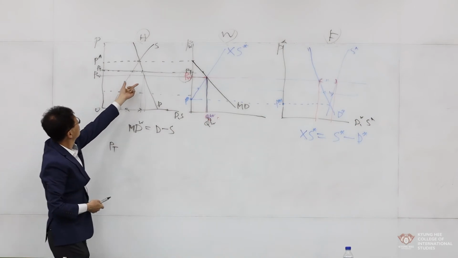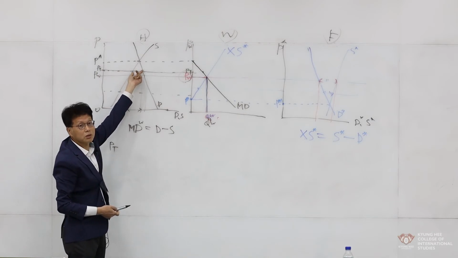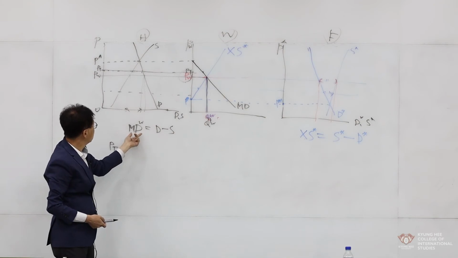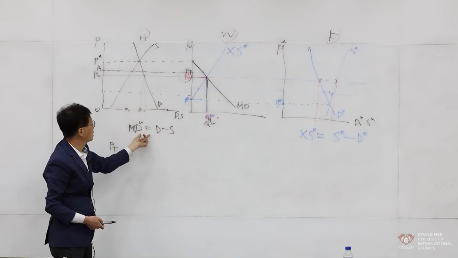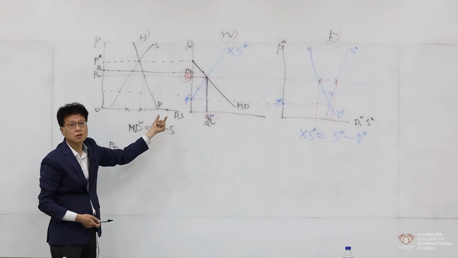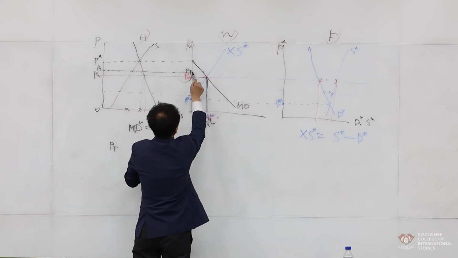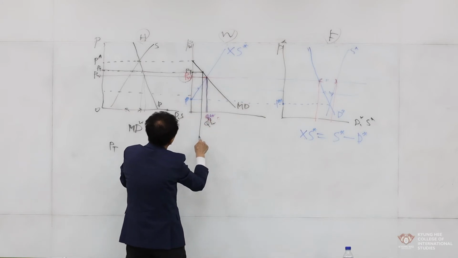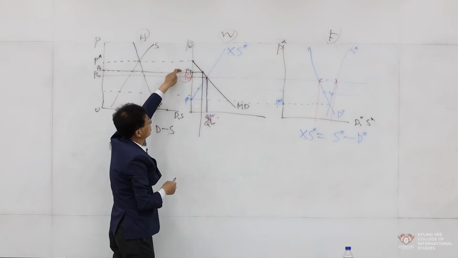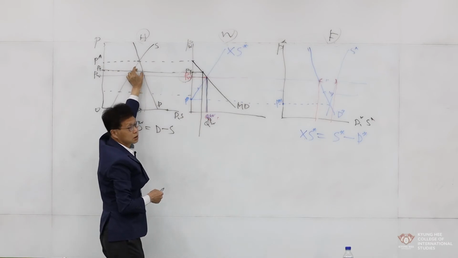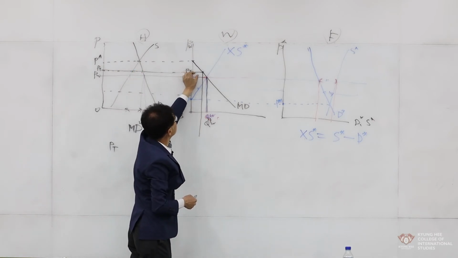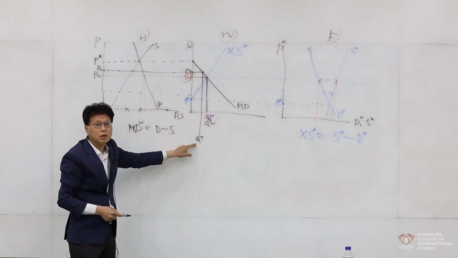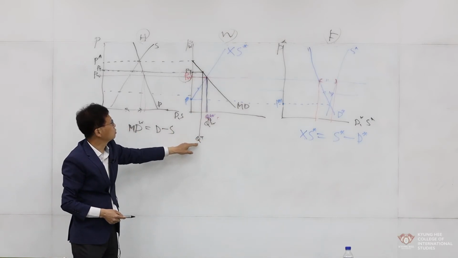Then what happened? The gap between the two decreased after imposition of tariff. Anyway, import demand in the world market decreases, right? So that is this one. Price increases, then the gap between the two decreases. Import demand at the world market decreases. The quantity is QT, right? This one should decrease to QT.